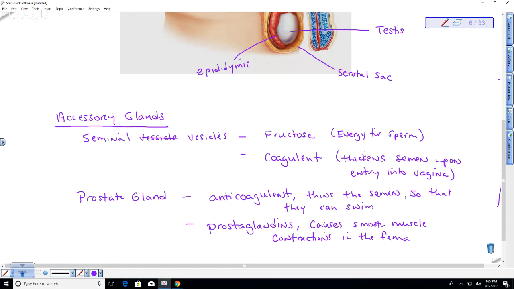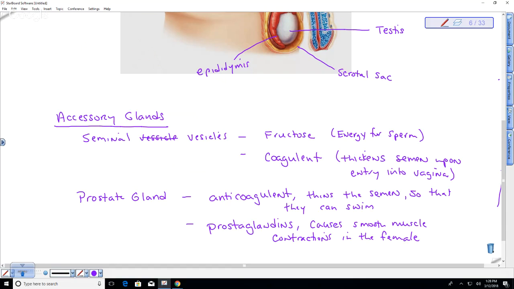So you want the vagina and the uterus to kind of contract to help move the sperm into the reproductive tract. So those contractions actually aid in the movement. Okay, and maybe that's why it's called the prostate gland, because it produces prostaglandins.